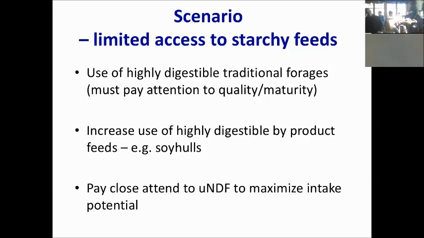But in a nutshell, what people are trying to look at is the undigestible NDF fraction to make sure that we maximize intake potential from high quality forages and not stuff the rumen. And this is going to be really important as you start backing off of starchy feeds and depending more on these high fiber forages to take you to top levels of milk.